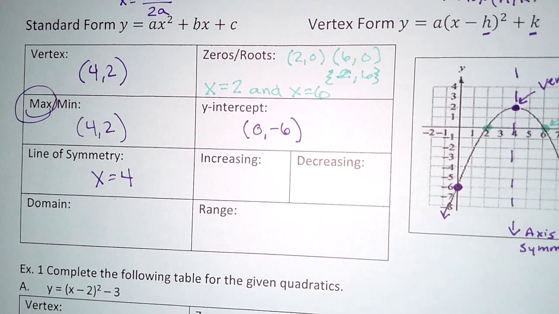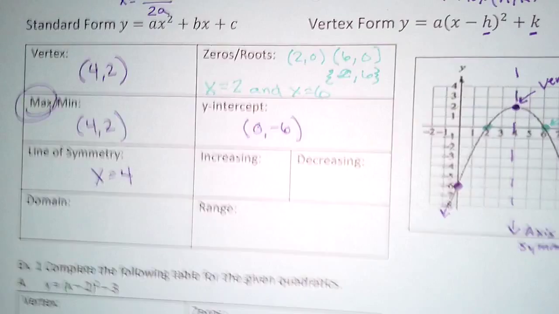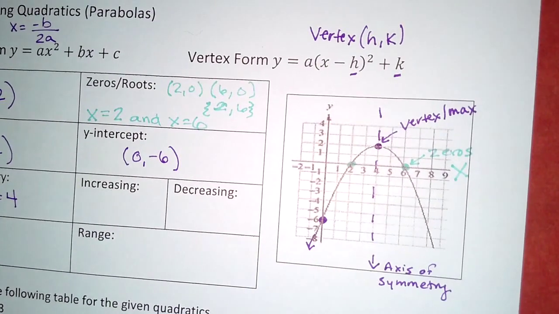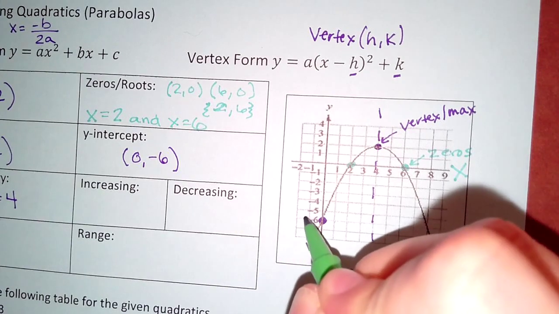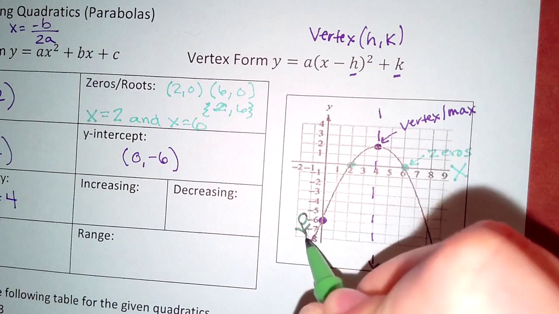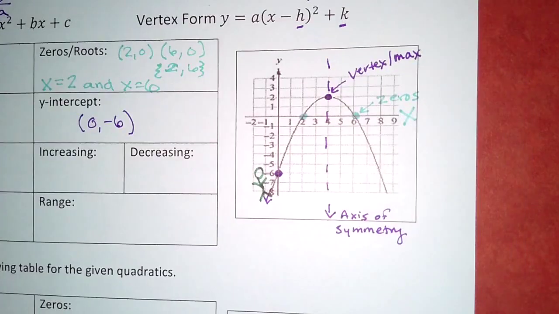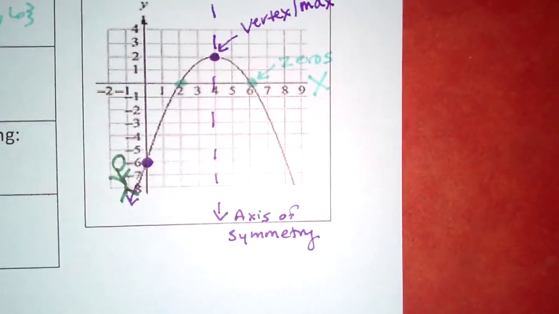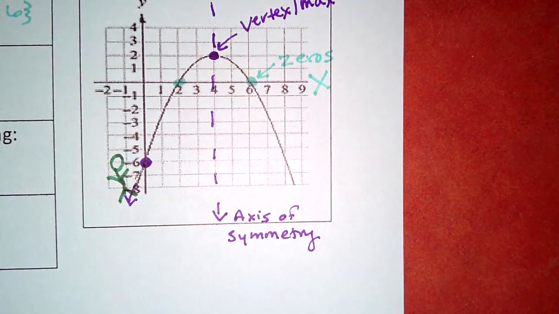The next thing we're going to talk about is increasing and decreasing. This is going to be interval notation. Whenever we read this graph, we read it left to right. So if I were to put a little person on the graph right there, and they start walking on that graph, are they going uphill or downhill? Uphill.